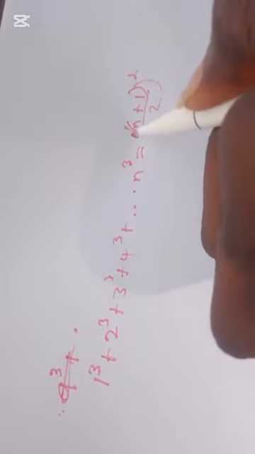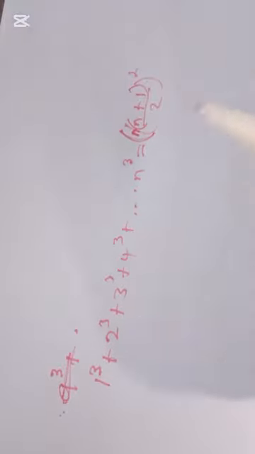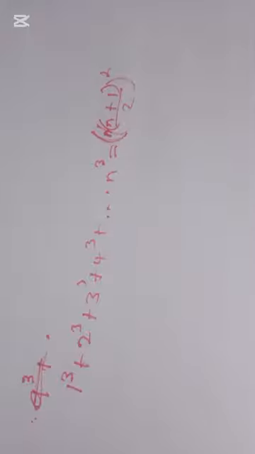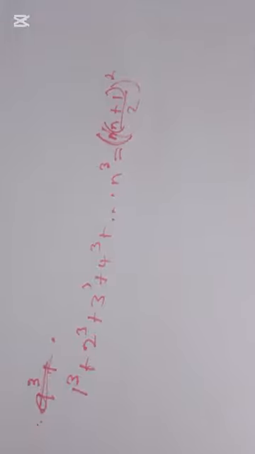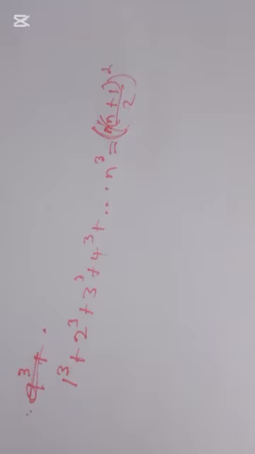The sum of the integers is given as n into bracket of n plus 1, all divided by 2. So if we want to find the sum of the cubes of integers, we take the square of that sum: n into n plus 1 over 2, squared. Now let's dive in together.